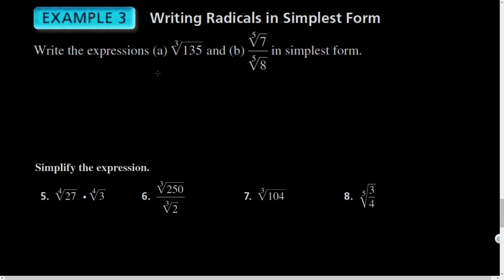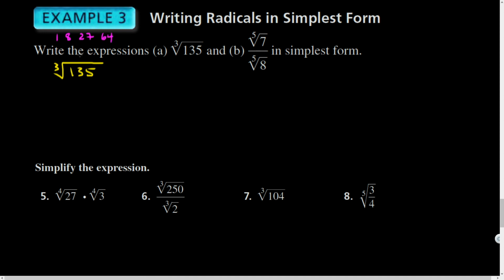And so, in this case, the cubed root of 135, what is the largest perfect cube that could go into 135? Perfect cubes are like 1, and 2 cubed is 8, and 3 cubed is 27, and 4 cubed is 64.